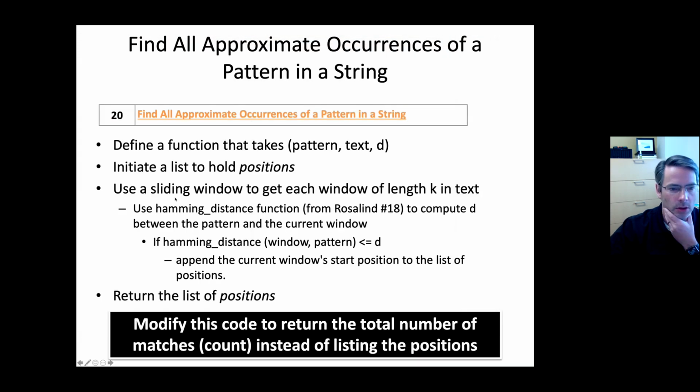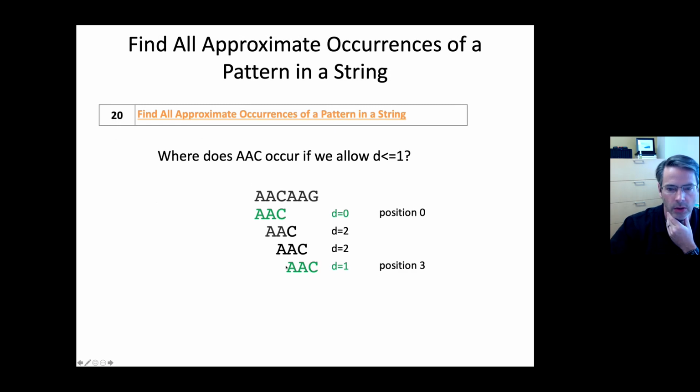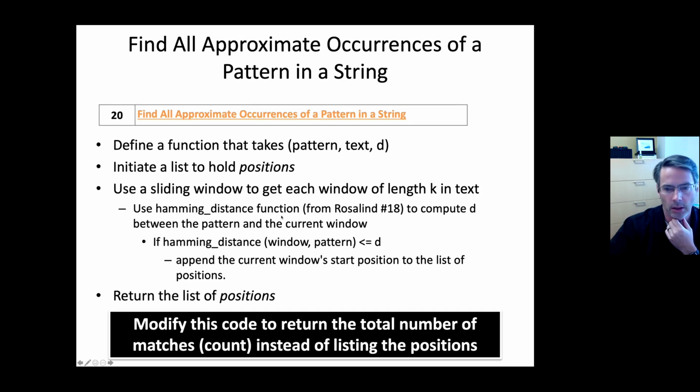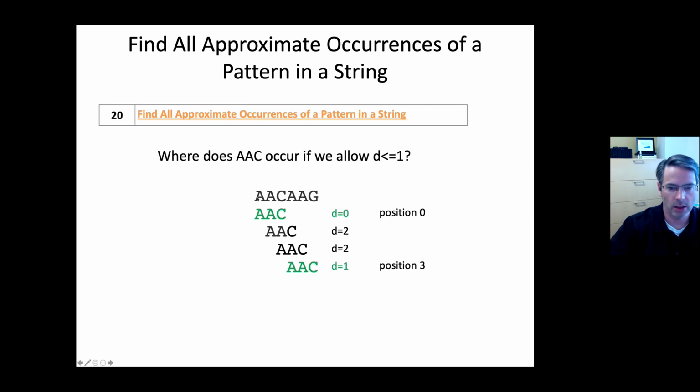Then we need to do a sliding window across the text to get each thing that we need to compare to our pattern. Then we send the pattern or the K-mer that Rosalind gave us, and the current window, and have our Hamming distance function compute D. So in this first case, the K-mer or pattern, whatever you want to call it, is AAC.